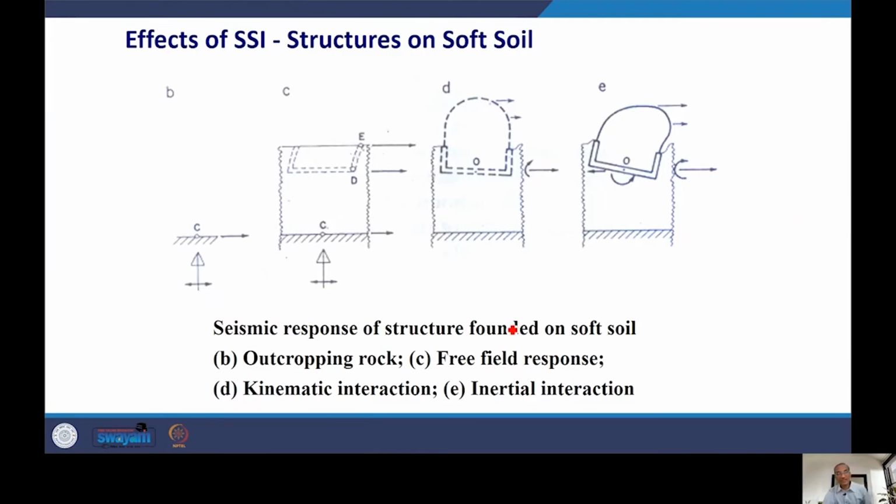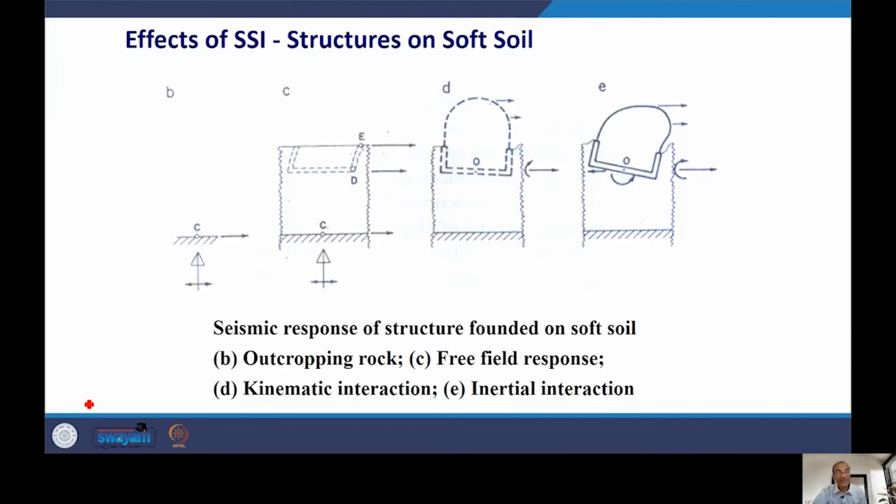Here, the seismic response of a structure founded on soft soil is discussed, and there are different figures. Figure B is outcropping rock, which means that on top of it you don't have any soil column. In that case, whatever motion is applied at point C will be the control motion, and point C can be treated as a controlling point. The control motion is applied at the controlling point, and its amplitude is shown in this figure by the size of the arrow.